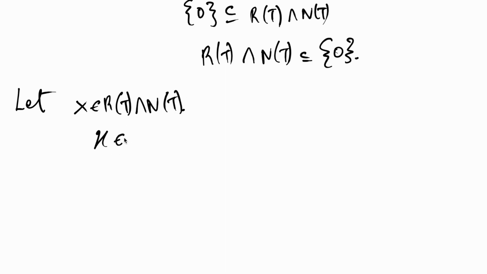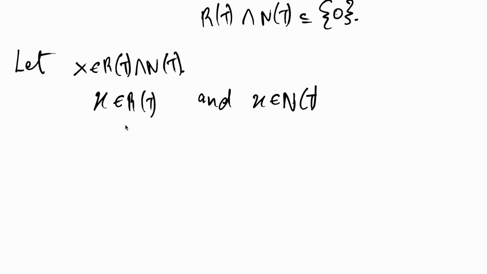So X is in the range of T, and X is also in the null space of T. Now X being in the range of T just means that, since T is a linear transformation from V to V, there is some element in our domain, let's call this element W, such that T maps W to X.